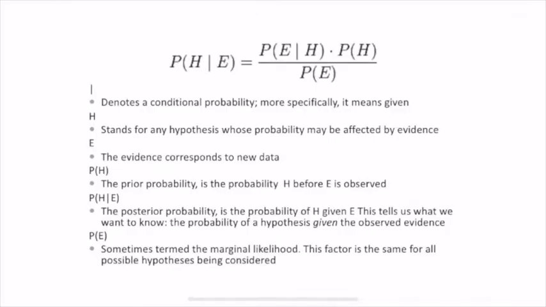Okay, so this goes back again to the Bayes' theorem that we already explained. So I'm not going to go over that again, other than just say, here you have the conditional probability of H given E, right? Your hypothesis given the evidence coming from new data.